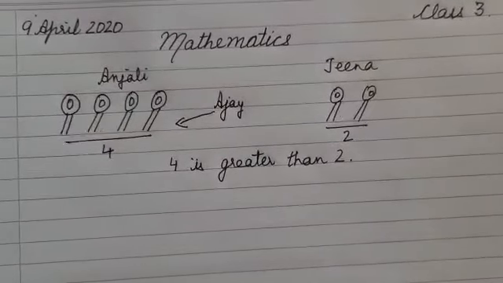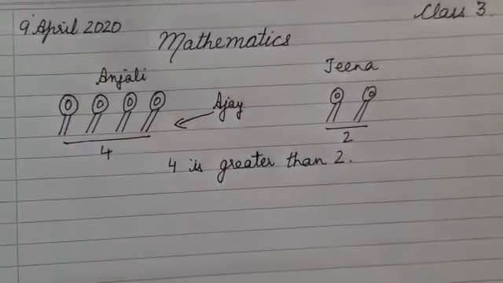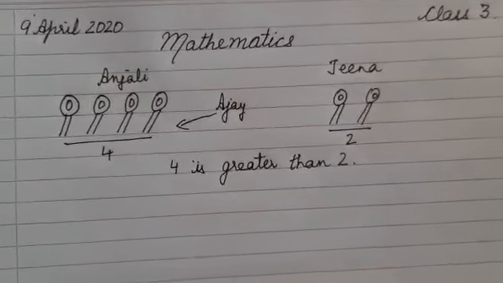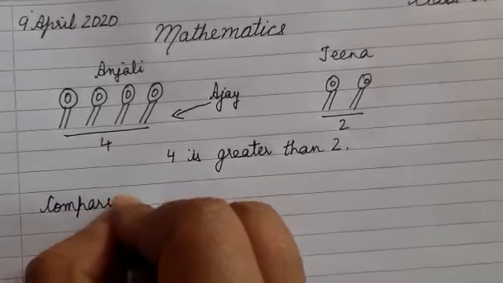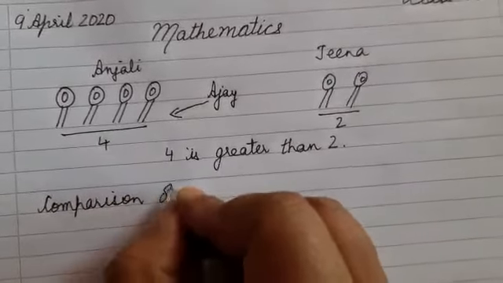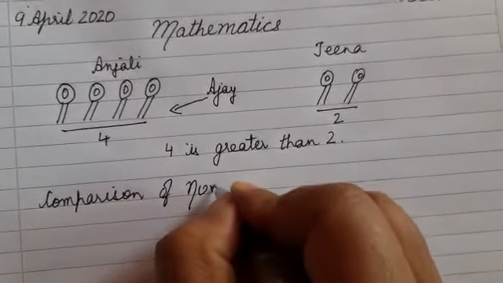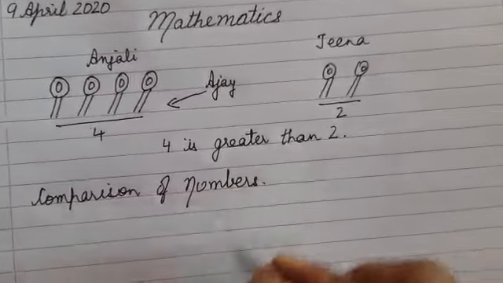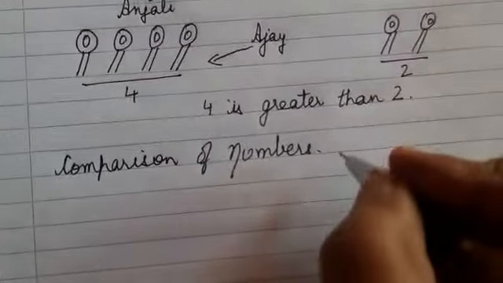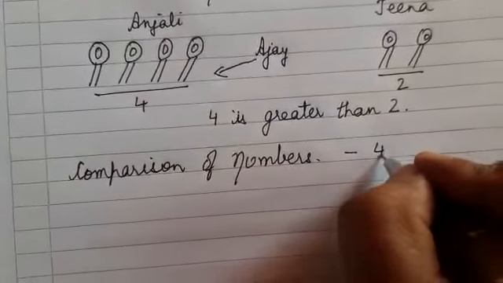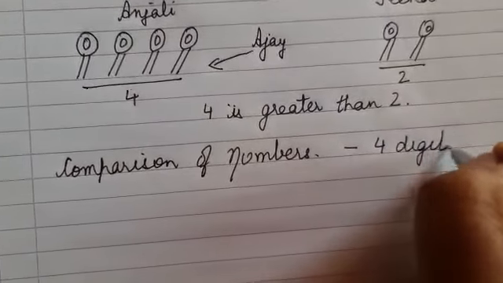So I'm sure you have understood that the topic for the day is comparison of numbers. We have already done comparison of numbers in our previous classes. But now we'll be studying the comparison of 4-digit numbers.